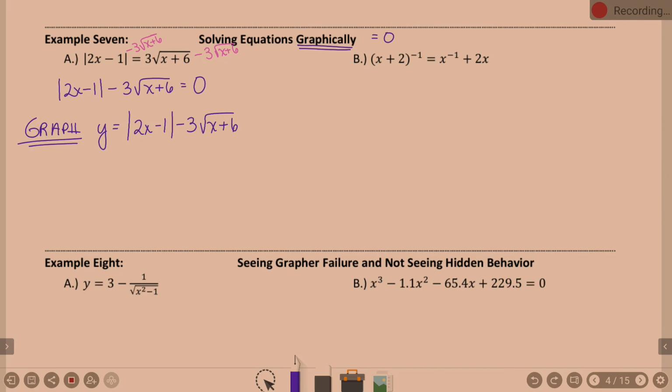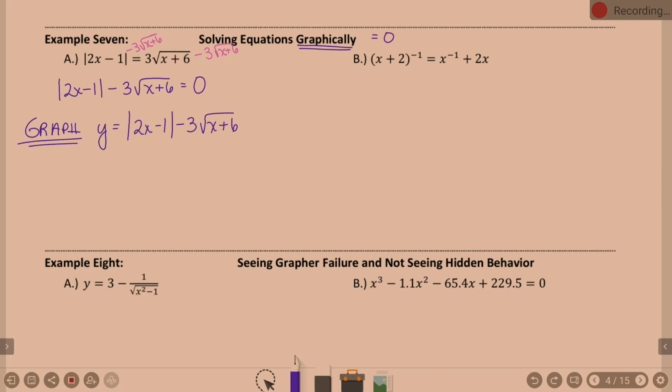The best one right here, number 1, is ABS, absolute value. So there's your absolute value. Type in 2x minus 1. Arrow out of it. Minus 3 square root of x plus 6.